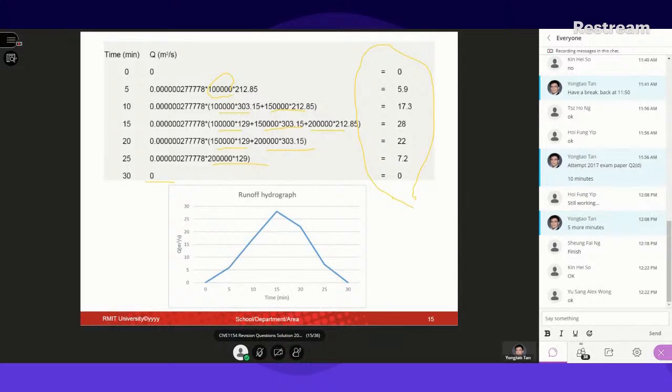Remember there are two hydrographs for the basin design. Next we'll learn how to get the outflow hydrograph by using the routing method.